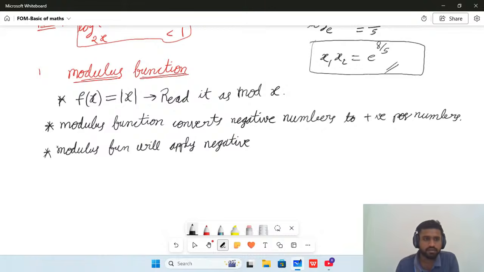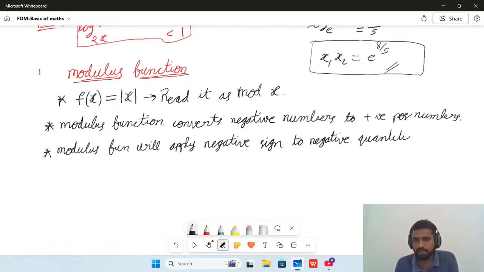Somewhat of a lag is there, okay, but no problem. The modulus function will apply a negative sign to the negative quantities, so that the output will be positive.